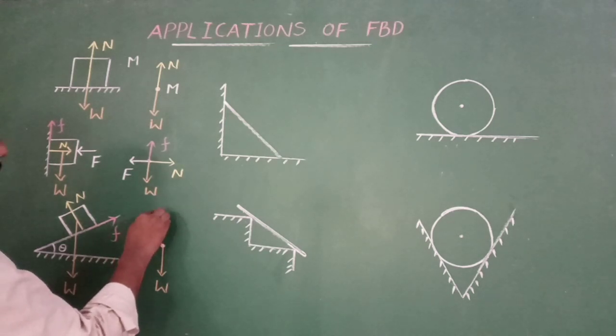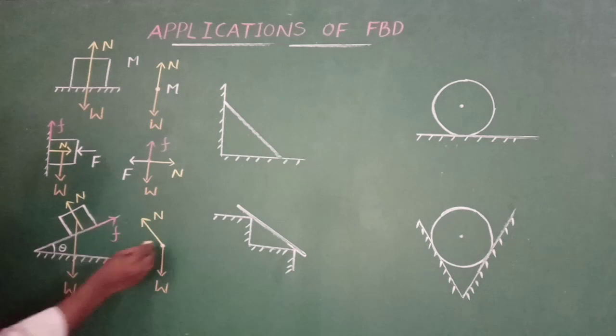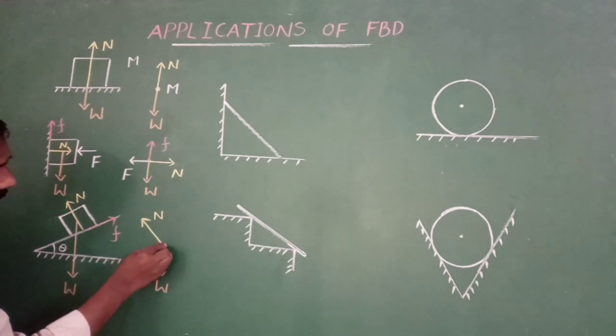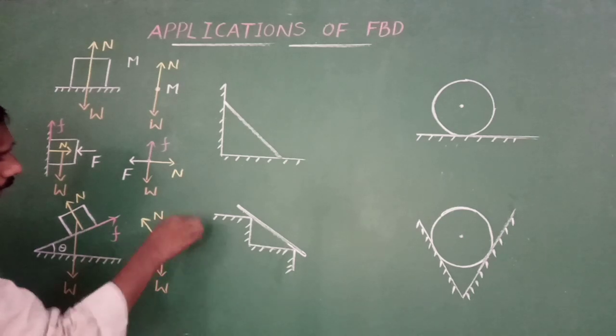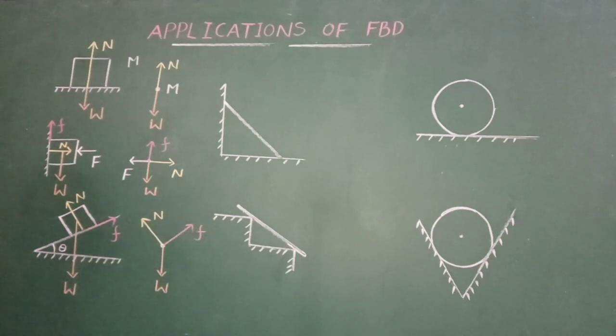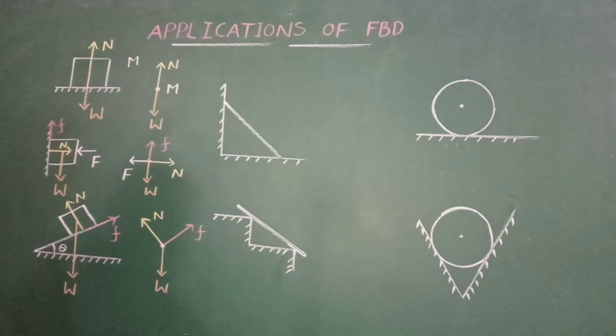The frictional force is also not along the horizontal direction; it acts like this. This is the free body diagram. Suppose forces are not acting along the horizontal and vertical directions, then we must resolve the forces into components. We will learn the component method in the next class.